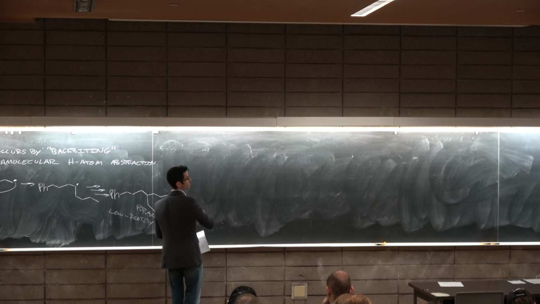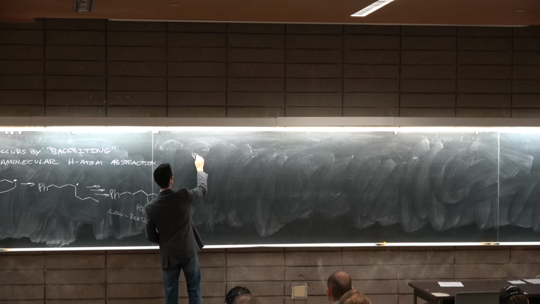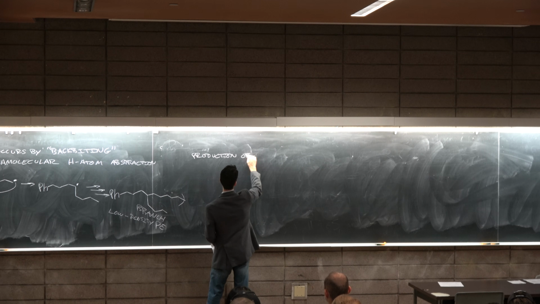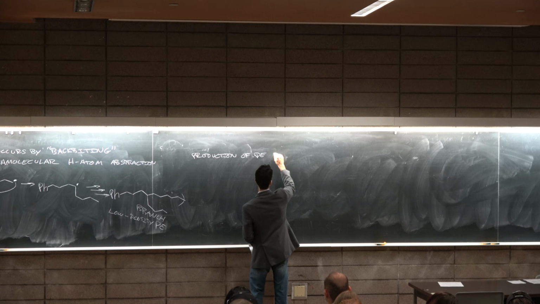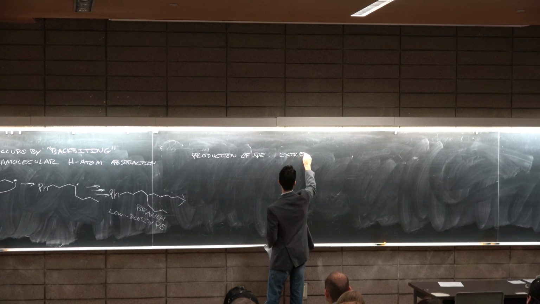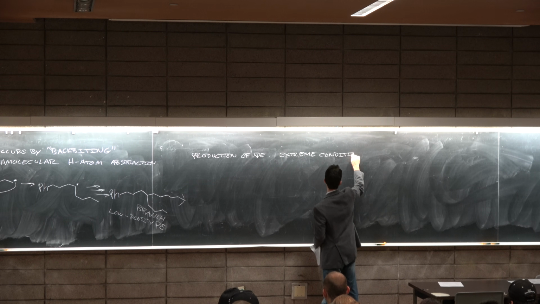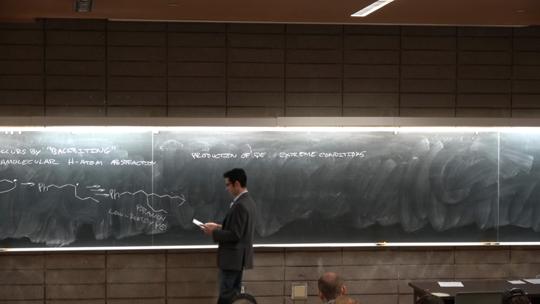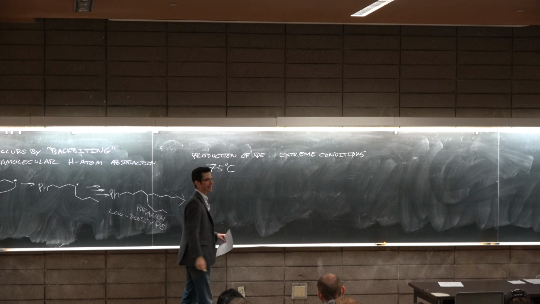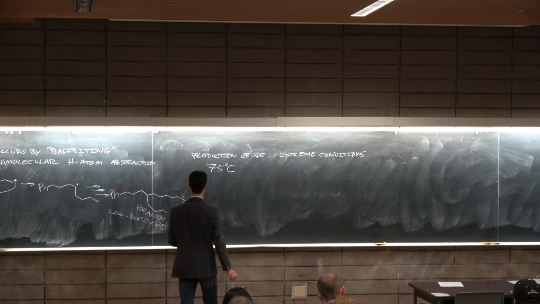Okay, production of polyethylene requires extreme conditions. So the extreme conditions are something like 75C, which isn't that extreme, although you wouldn't want to be on a planet that was 75C.